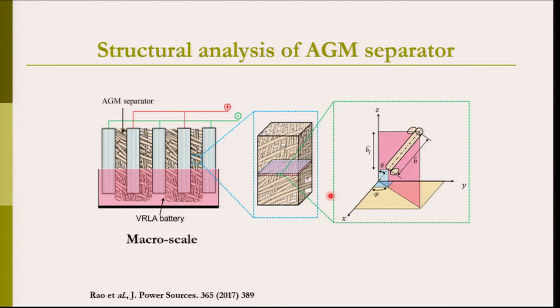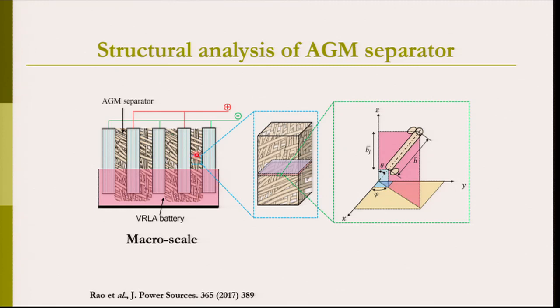So, on the macro scale you have a battery, with positive and negative plates. In between you have U-shaped AGM separators, and now we know the functions of these AGM separators. This is the macro scale, where all the dimensions are, let us say, in centimeters.